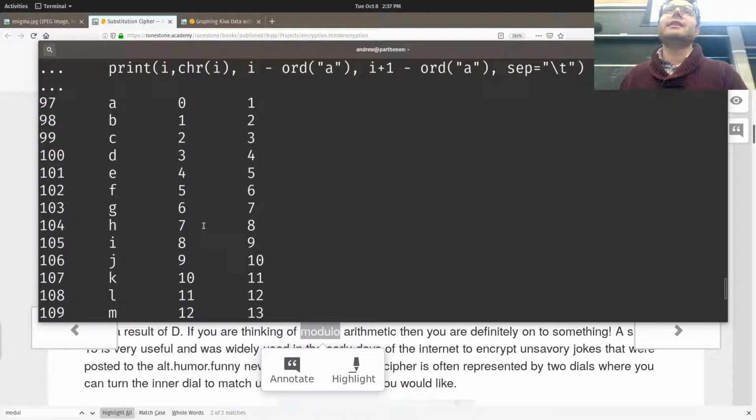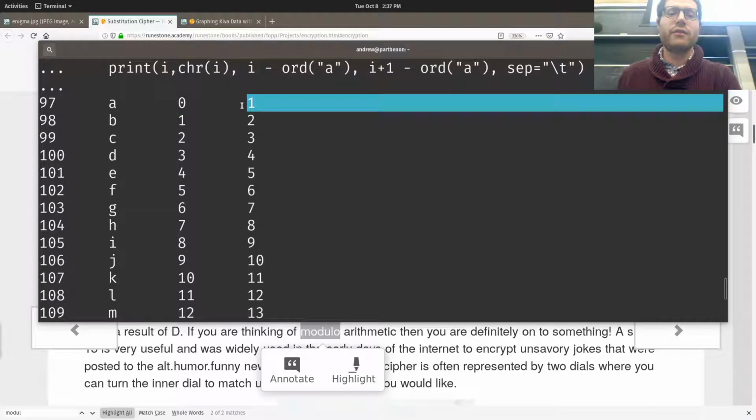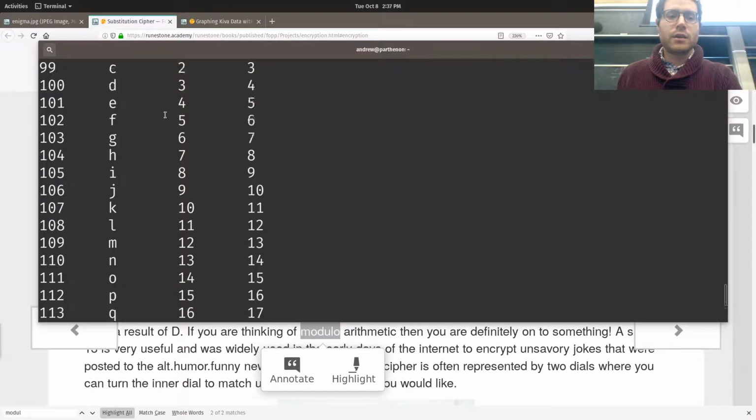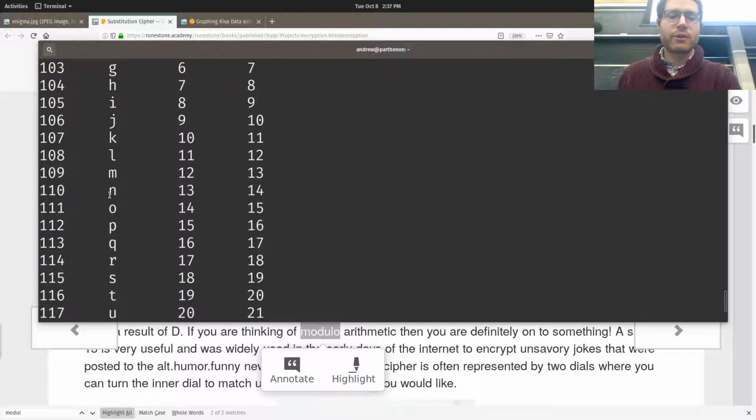Looks a lot cleaner. So if we look at this chart, A has a value of 97. If we subtract A from it, it has 0. Add 1 to that, you have 1. Now for R, which we were working with, R has a value of 114. If you subtract A from it, it gets us to 17.